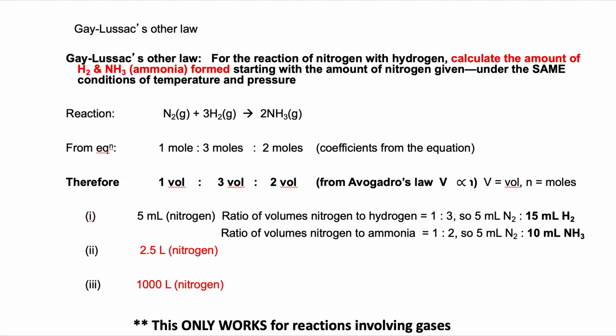And the ratio of the volumes of nitrogen to ammonia is 1 to 2 for number of moles of both of those chemicals. So 5 milliliters of nitrogen will give 10 milliliters of ammonia, provided it's under the same conditions of temperature and pressure. And it only works for gases.